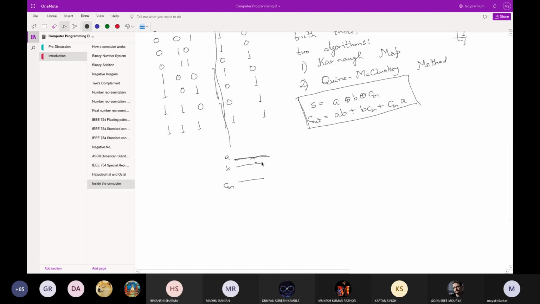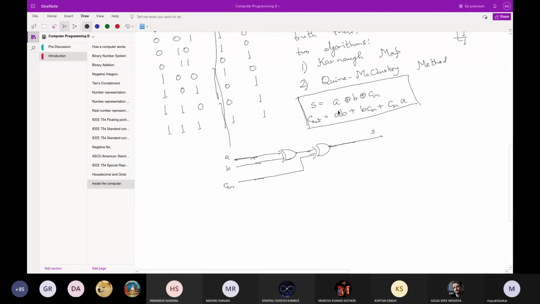First, do the XOR of A and B, and along with this result, do the XOR of C in. This will give you the sum. And you have to perform this operation: do AND of AB, AND of B C in, and AND of C in A, and do an OR of them. You will get C out.